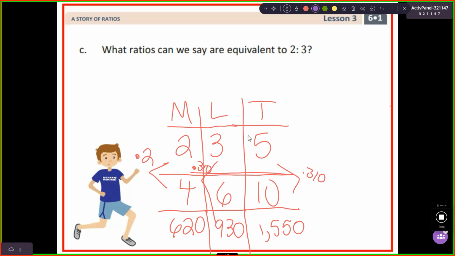Okay, what ratios can we say are equivalent to 2 to 3? So look at my table. What is in line with 2 to 3? 4 to 6. What else? 6 to 9 and 20 to 30.